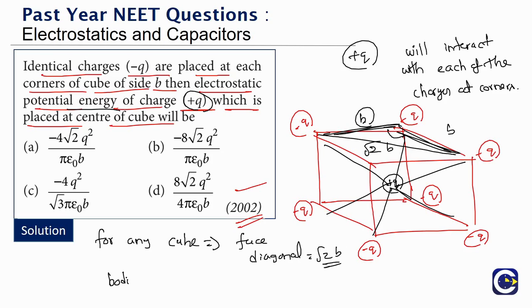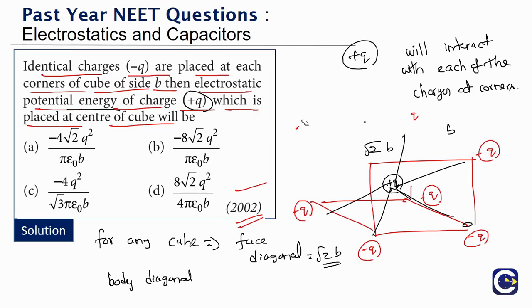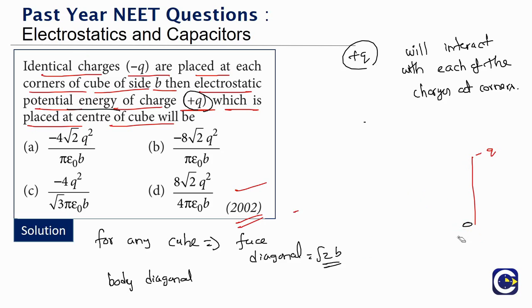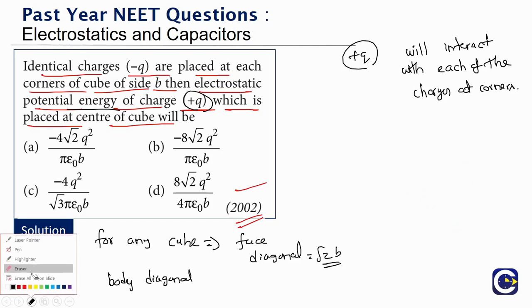And the body diagonal. Body diagonal means from one corner to the opposite corner, passing through the center of the cube. Maybe we'll erase this and redraw the diagram. Body diagonal means the diagonal that passes from one corner to the other corner of the cube through the center.